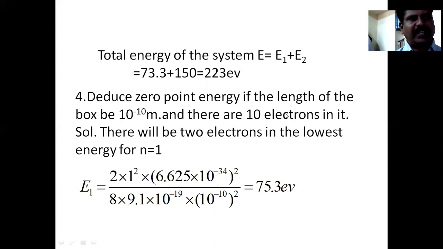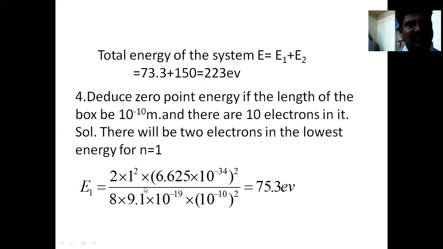Calculate the zero point energy if the length of the box is 10 to the power minus 10 meter and there are 10 electrons in it. So there will be 2 electrons in the lowest energy level, n is equal to 1, the first orbit, which requires 2 electrons.